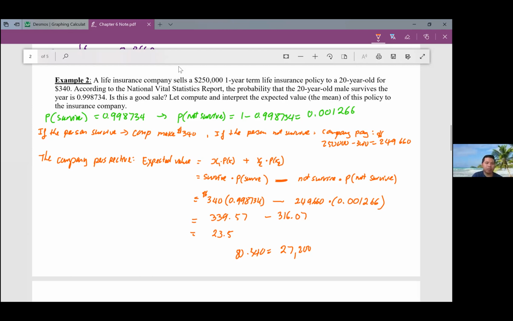You still benefit a lot, right? So this is their perspective. They say, oh, on average, I can make around $23.50 per person in the long run. So I should offer 340 to that 20 years old male. Does that make sense? That's their perspective.